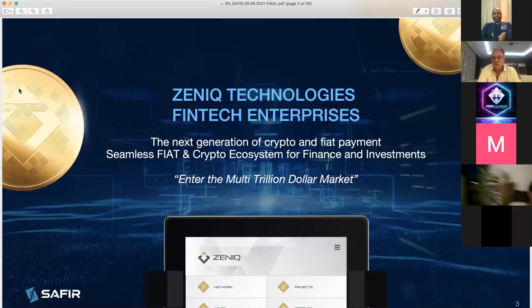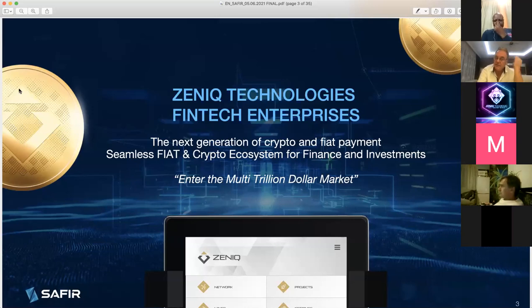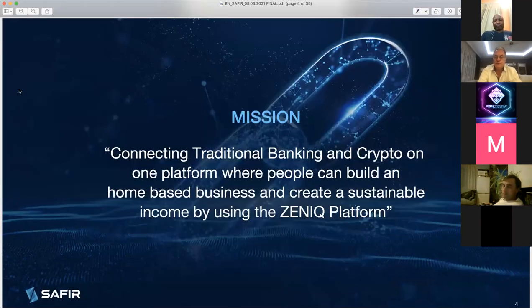ZENIQ Technologies is a fintech enterprise, which means it's a combination of finance and technology. It is the next generation of crypto and fiat payments, creating through an ecosystem the seamless fiat and crypto connection for finances and for investments. Through that, we also enter into a multi-trillion-dollar market of cryptocurrency and tokenization.